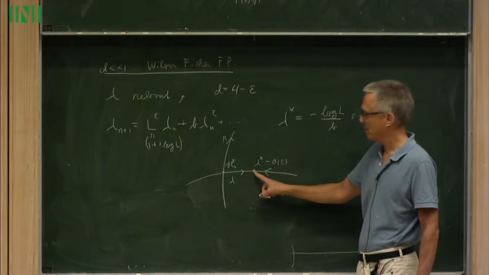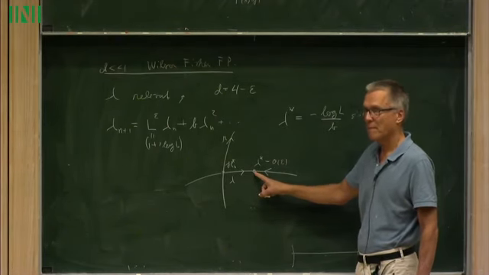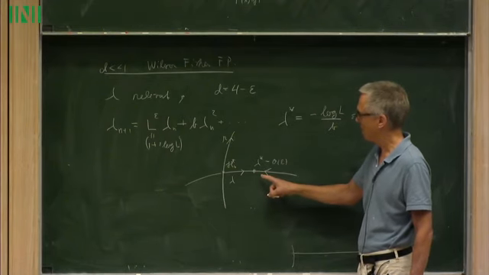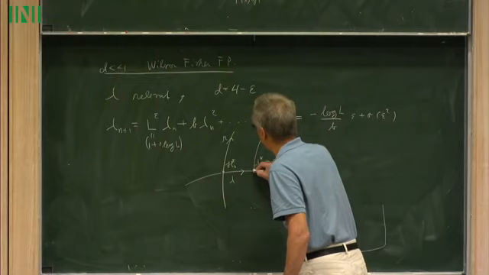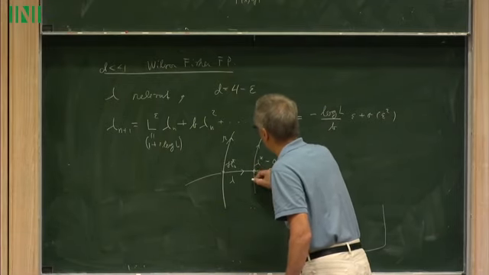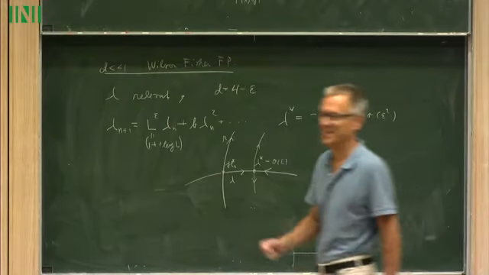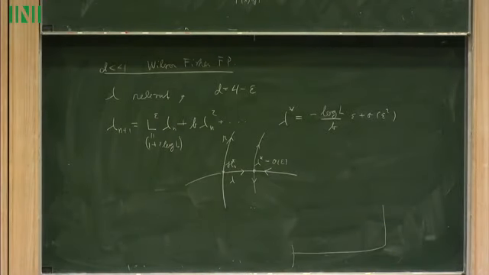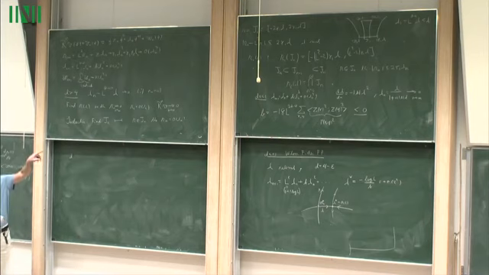Somehow there must be some line going from above. There's also a relevant perturbation with the non-trivial fixed point. Oh yeah, it has one. Yes, it still has one unstable direction, which for small epsilon is just phi squared again.